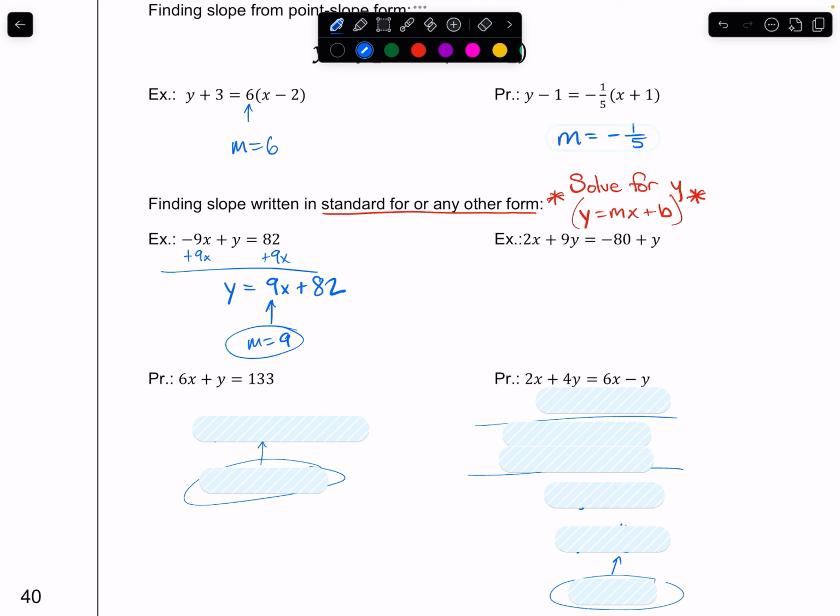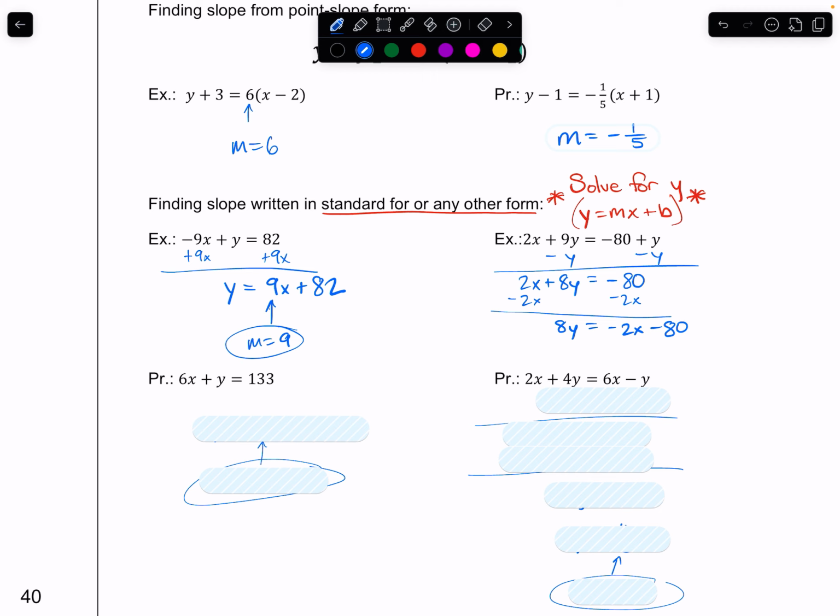We'll try the next example. This one's a little different because we actually have y on both sides of the equation, but that's okay. We can keep the equation balanced, combine our like terms, and still solve for y. I'm going to subtract y from both sides. So I'll be left with 2x plus 8y equals -80. And I can subtract 2x from both sides to get 8y equals -2x minus 80.